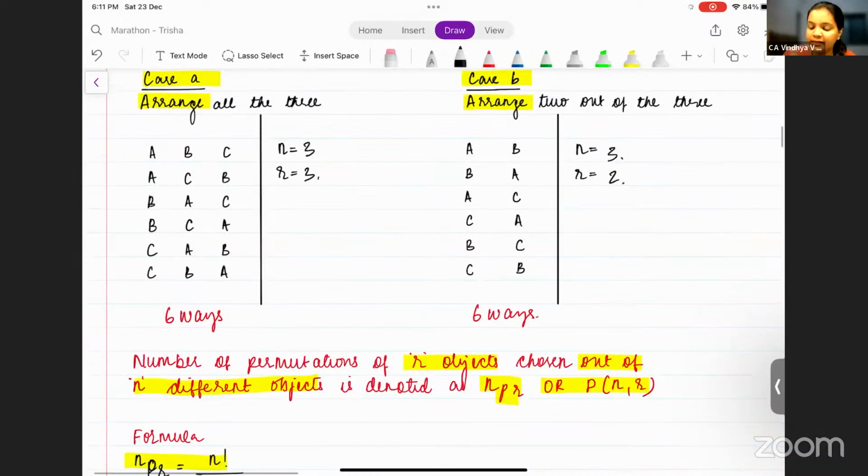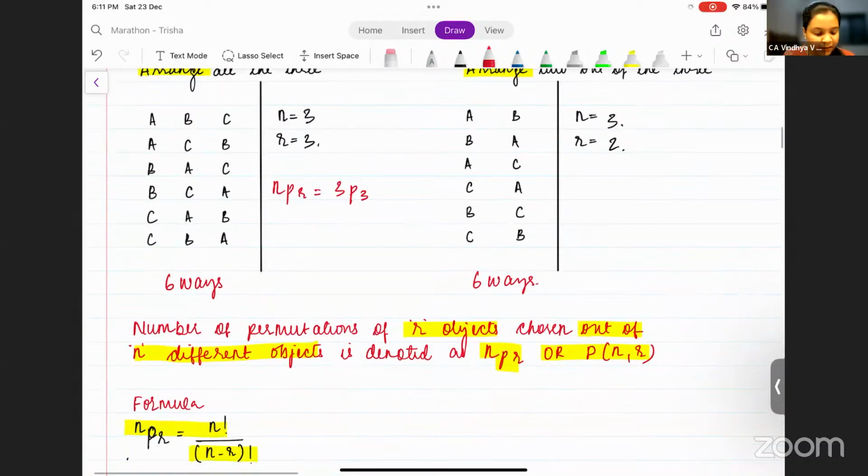So now in this example, what is our nPr? That is 3P3, correct? n is 3 and r is also 3. So here nPr will be 3P3, which is 3 factorial by (3 minus 3) factorial. That is 3 factorial by 0 factorial. What is the value of 0 factorial? 0 factorial is 1. What is 3 factorial? 6. So the answer is 6.